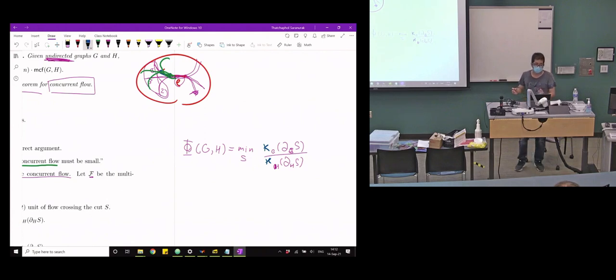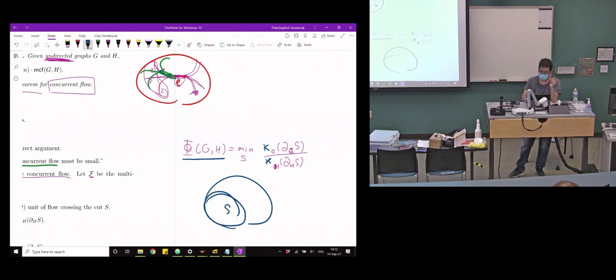So when this thing is small, it means that there is some cut S such that the total capacity of this cut in G is small compared to the demand crossing it, compared to the capacity of this cut in H.